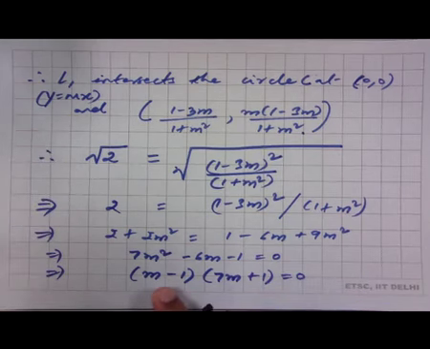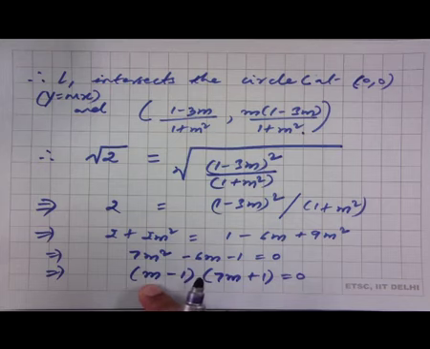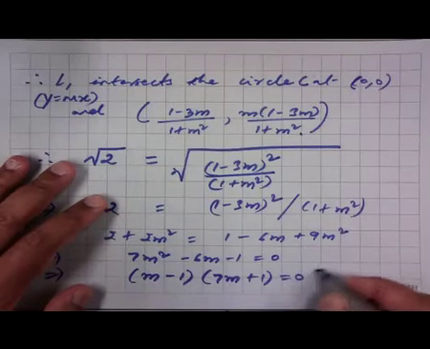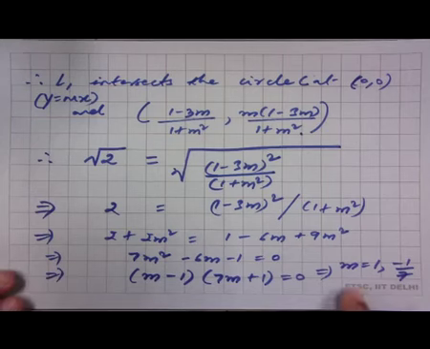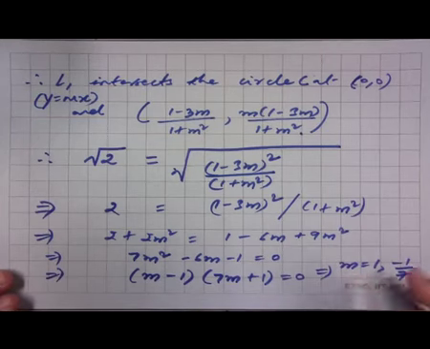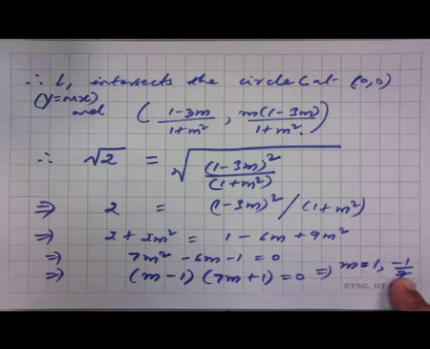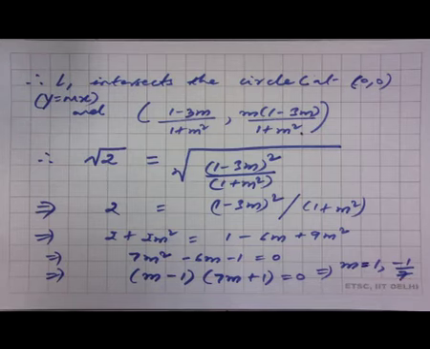so there are actually 2 different values of m. The intercept of L1 will be square root of 2. So, from here m is either 1 or minus 1 by 7.